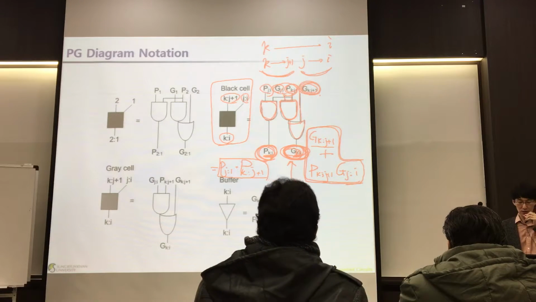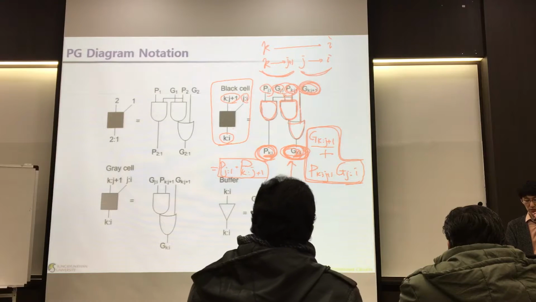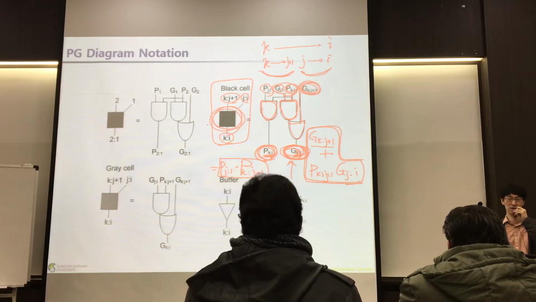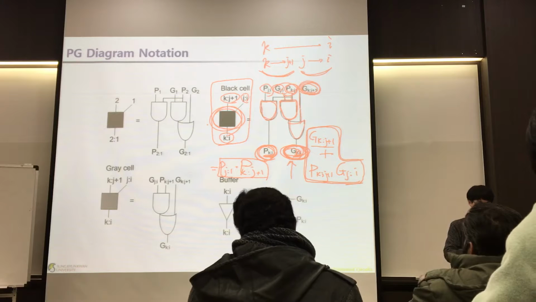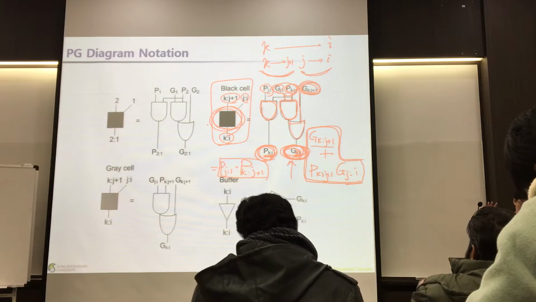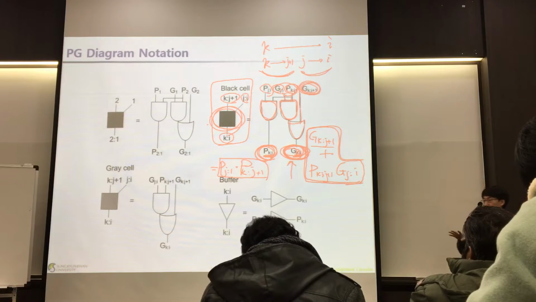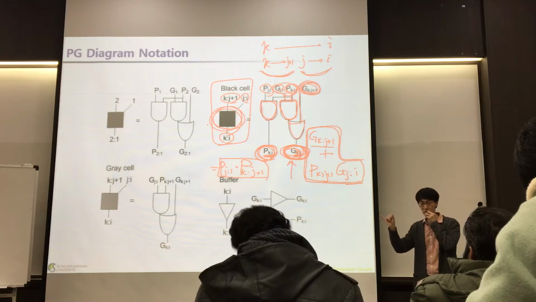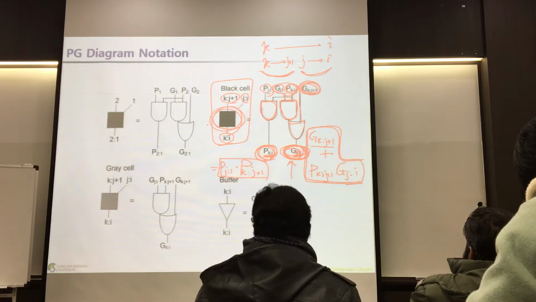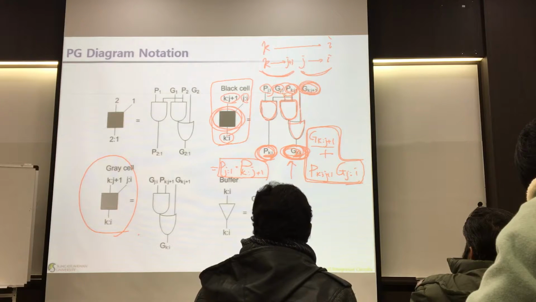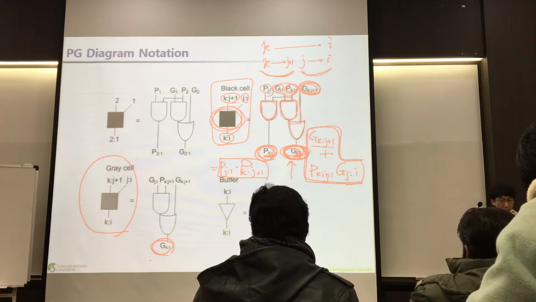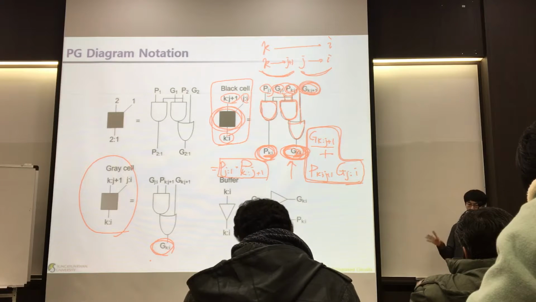Okay? So that operation is represented by this black cell. This is not an official term, but for convenience, let's say the black cell means we are calculating the propagation and generation condition for a certain range, and in contrast, this gray cell is only for generation calculation without the propagation condition calculation.